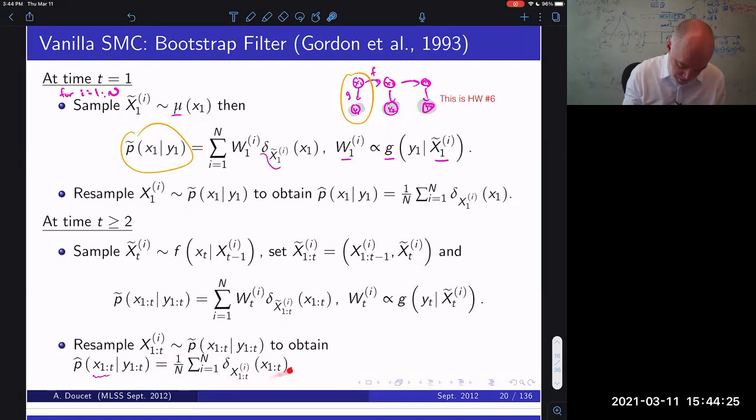And that, of course, is just an unweighted measure, a probability measure consisting of an equally weighted set of atoms. And that forms our posterior distribution up to t, and this is recursive, so you just run this until you hit the end of your sequence, whatever that happens to be.